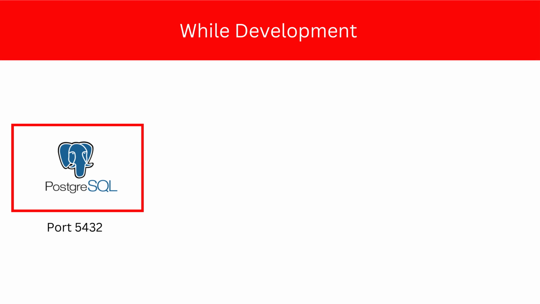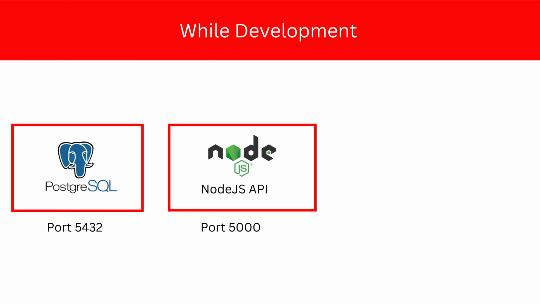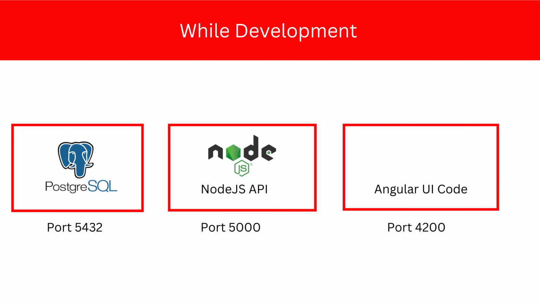So first we need to run PostgreSQL as a database on your local machine or any cloud environment, which runs on port 5432, and we have the Node.js API that runs on port 5000. And also when it comes to Angular, when you use Angular CLI, it runs the Angular application on port 4200 by default, you can change the port as well.